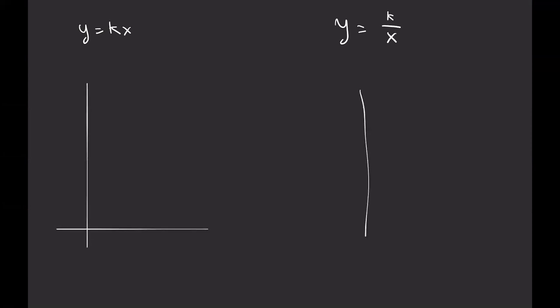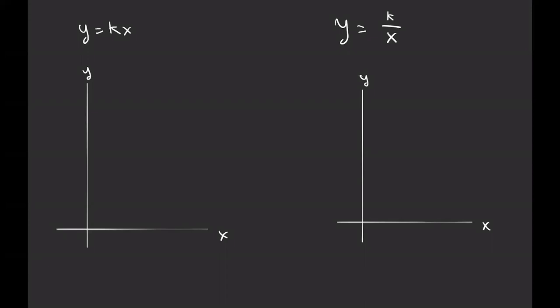If I have y equals kx and y equals k over x, so if I graph this right here, let's label that y and x.